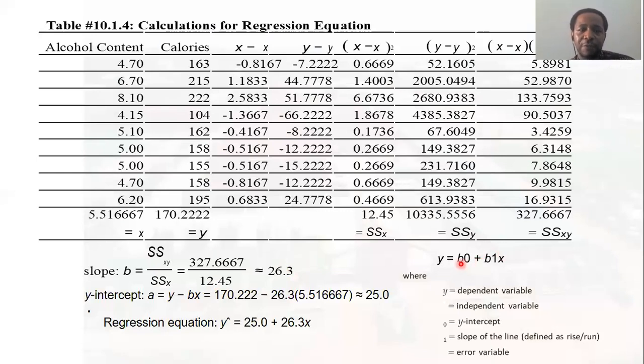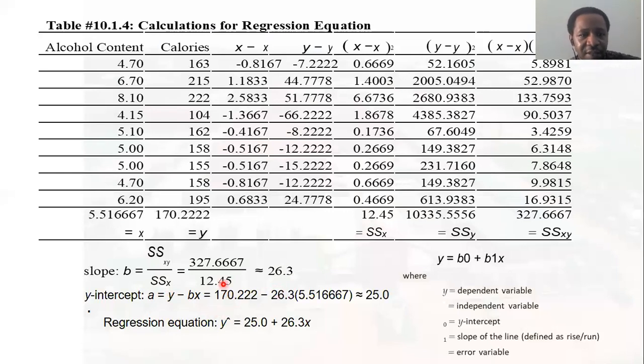Now the next thing you have to do is to look for the intercept, that is the y-intercept. To derive that, you simply have to get the alpha value, which is y minus your beta value, which you've already gotten, times x. What is your y?